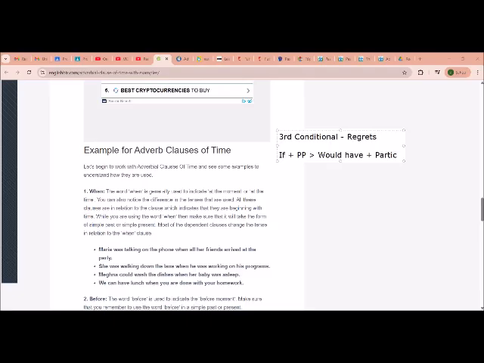And it's going to be past participle, guys. All right? Let me make it a little bit wider. Past participle.